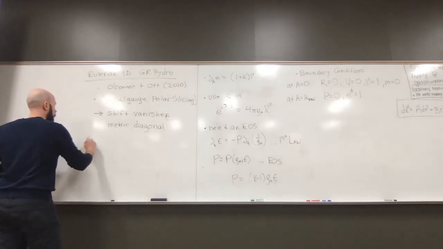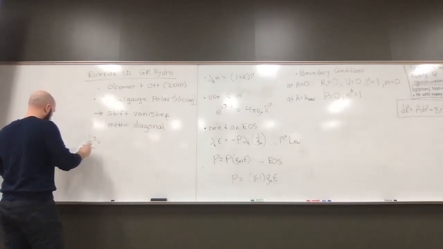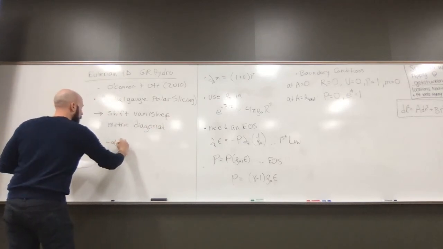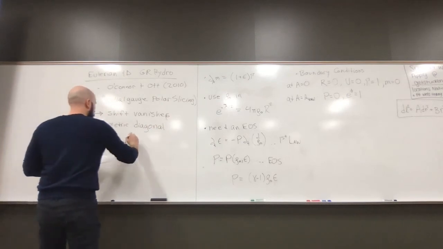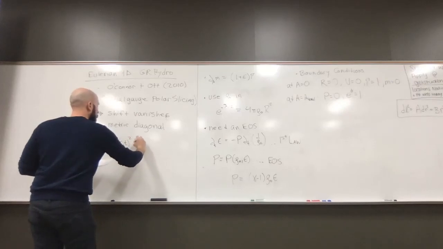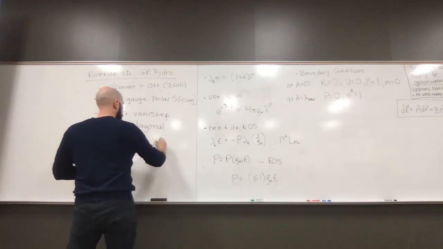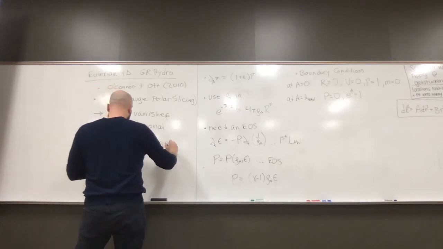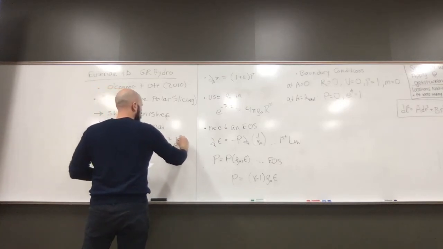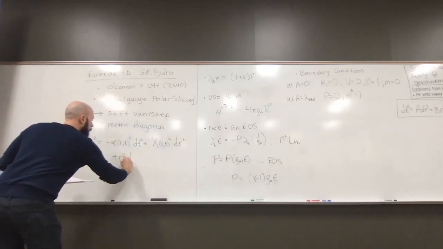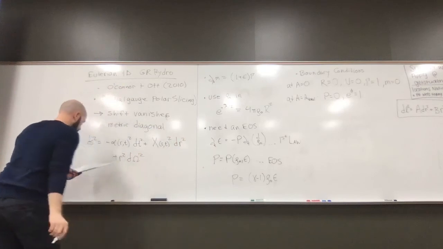All right, and so the line element, ds squared, is equal to minus alpha as a function of radius and time, squared, dt squared, plus a capital X as a function of space and time, squared, dr squared, plus r squared d omega squared.